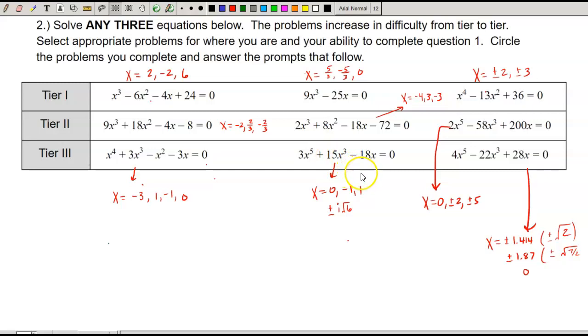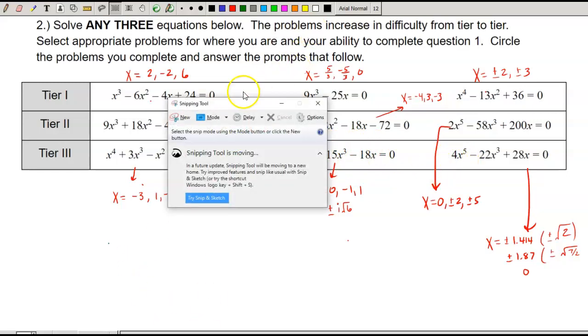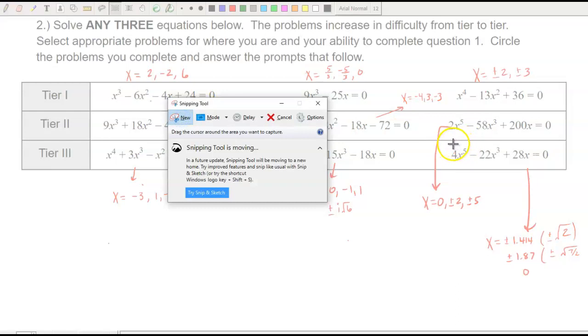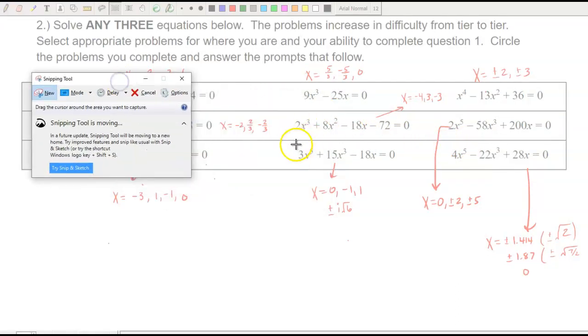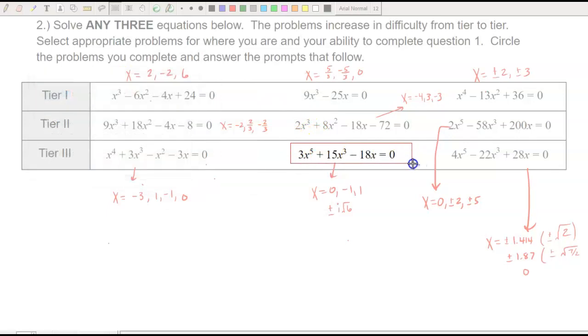And so I'm going to do one of these just to show you maybe a little bit more difficult one. So I'm going to try a Tier 3 question, and we will do this one right here, this bottom one.